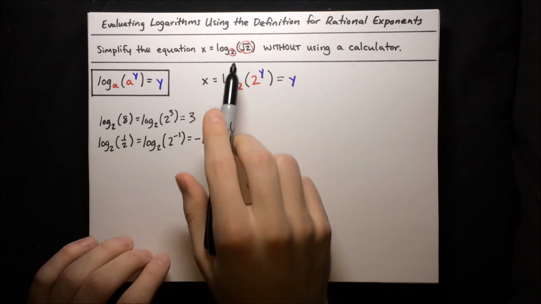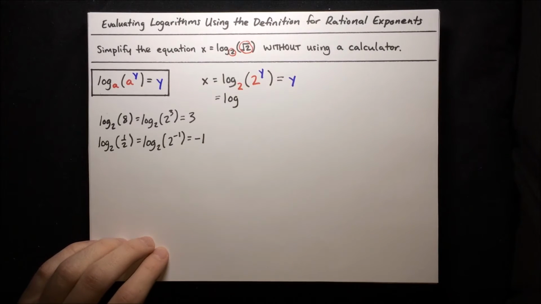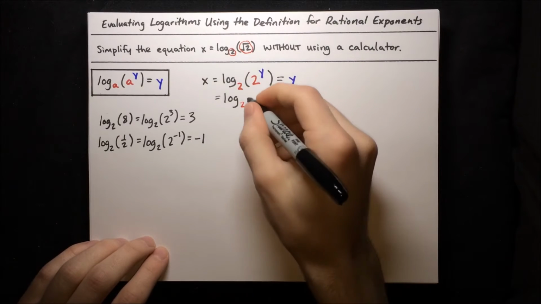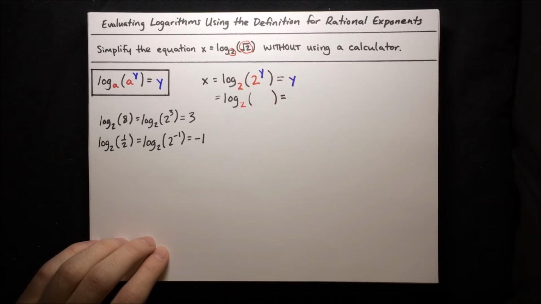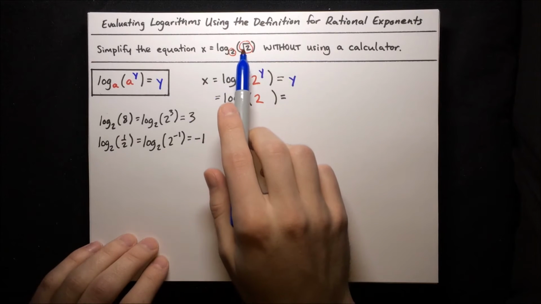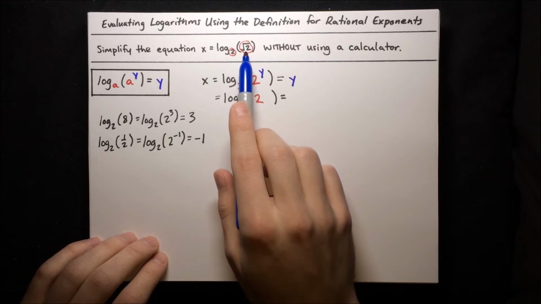Okay, so why don't we tackle the actual problem now? So this is log base 2 of 2 to some exponent, and we need to figure out what that exponent is. Inside of the log here is root 2, and we can write this as a number with a rational exponent.